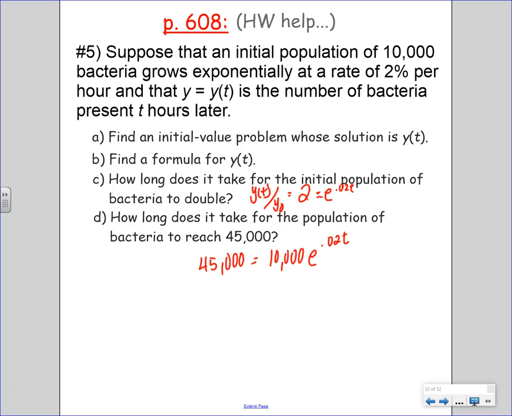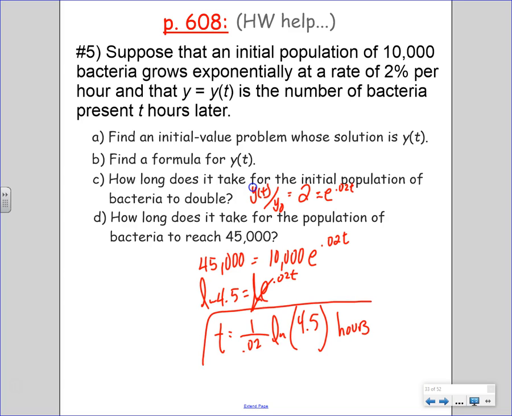Well, what's going to change? We're going to divide. Isn't it going to be 4.5? Yes. So we're going to have 4.5 is equal to e to the 0.02t. Do you see anything in common from the last one? It's the same setup.